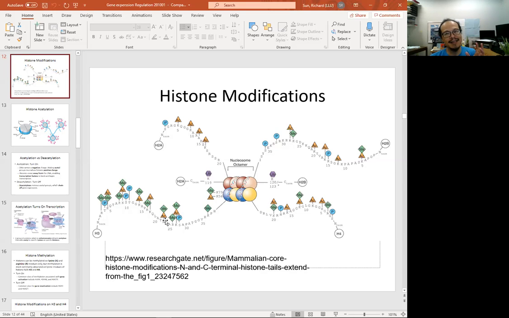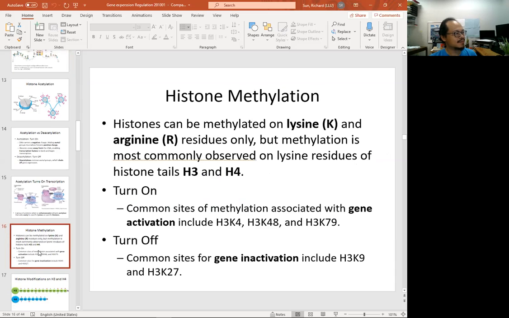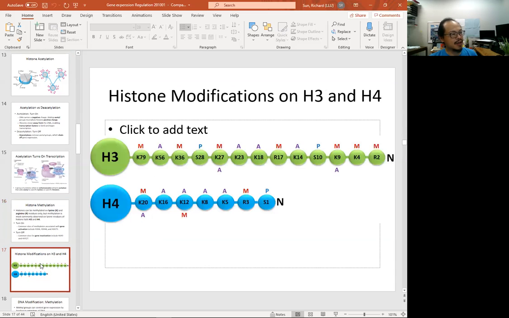Otherwise, we have the idea that there are many methylation sites, and it could be turning on or turning off. So the majority is on the H3 and H4 histones.